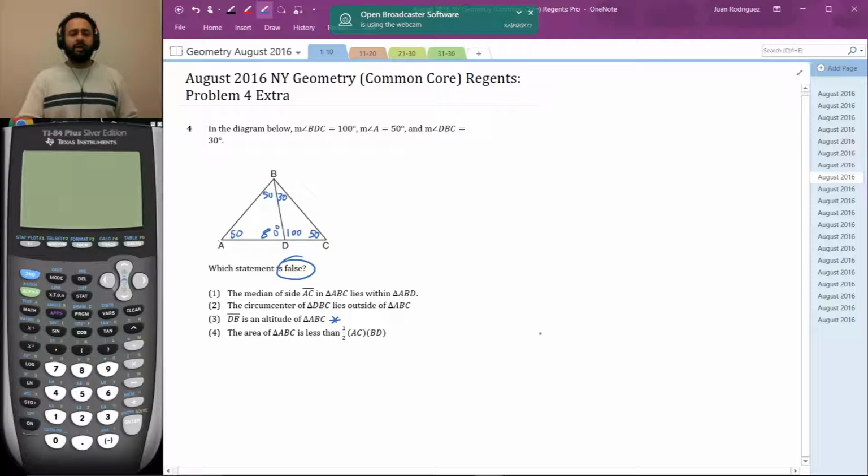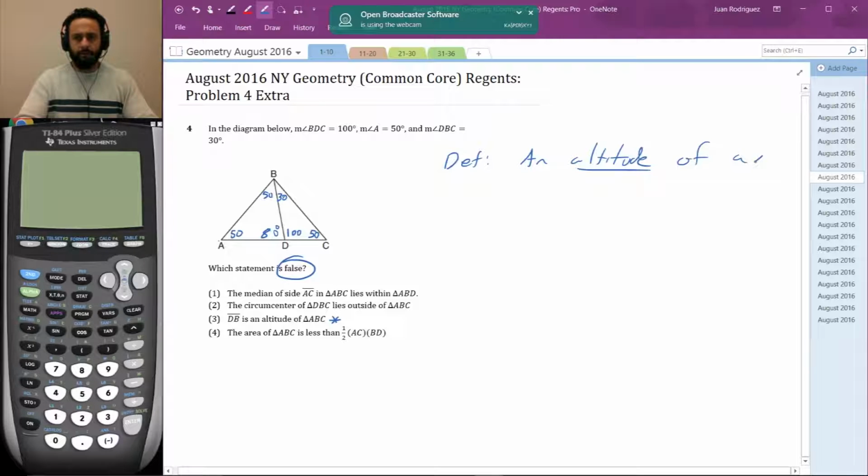Now let's evaluate this statement: DB being an altitude of triangle ABC. An altitude of a triangle starts at a vertex and is perpendicular to the opposite side.